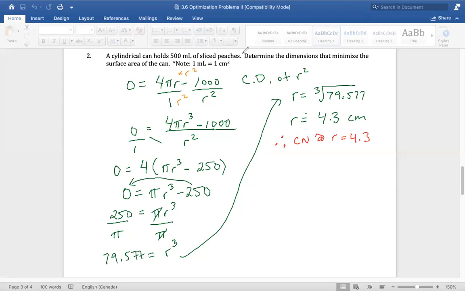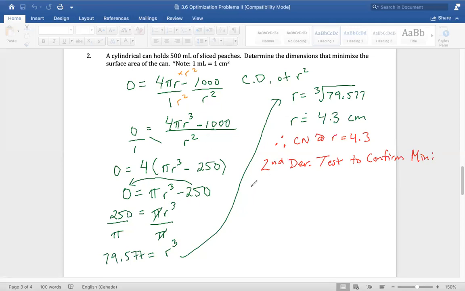And now I need to prove and check if that's a minimum. So I'm going to do my second derivative test to confirm a minimum. Is my first derivative up here anywhere?